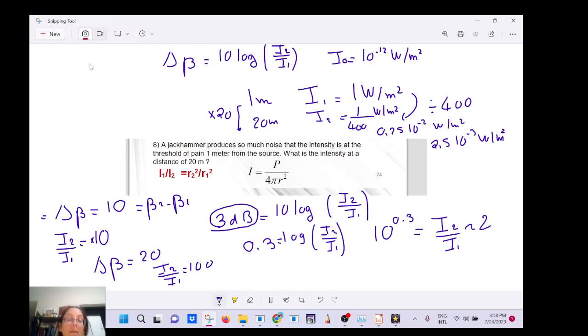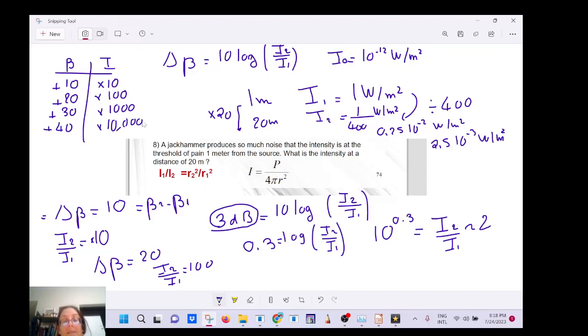So if you compare decibel and intensity, if you have an increase of 10, intensity is multiplied by 10. An increase of 20, the intensity is multiplied by 100. An increase of 30, multiplied by 1,000. An increase of 40, multiplied by 10,000. Okay? That's because the ear is logarithmic.